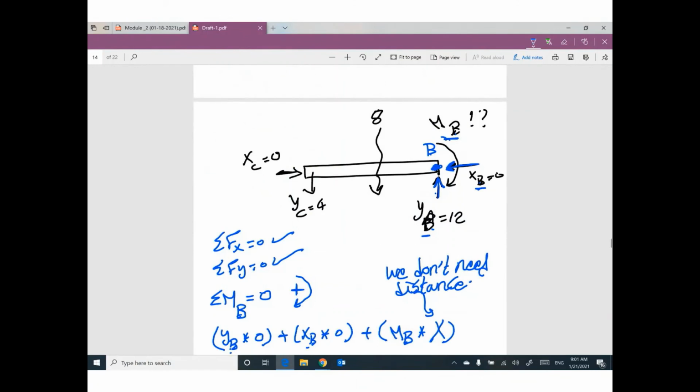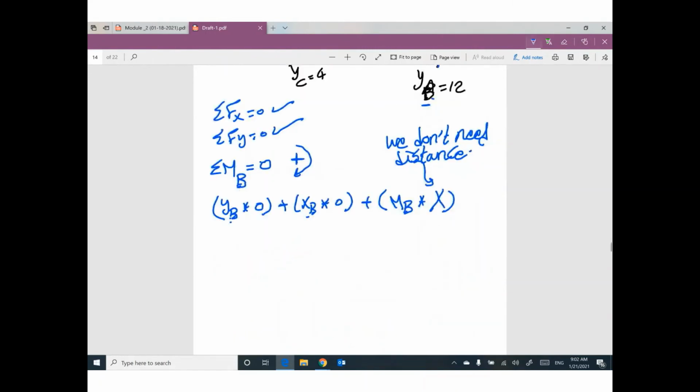But MB is a moment. It is a moment as a reaction. Do you think we still need distance? We don't need distance. It's wrong to put a distance here. Wrong. So I will add MB. That's it.